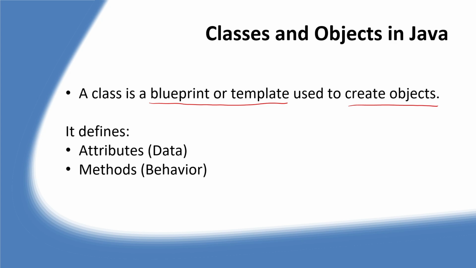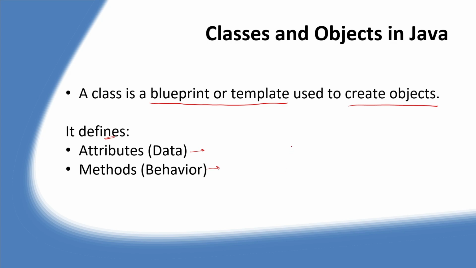That means the object will have the data. So a class is just a blueprint which has the properties and behaviors that an object will have.